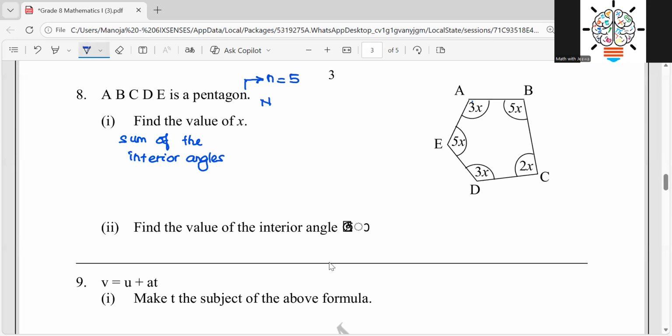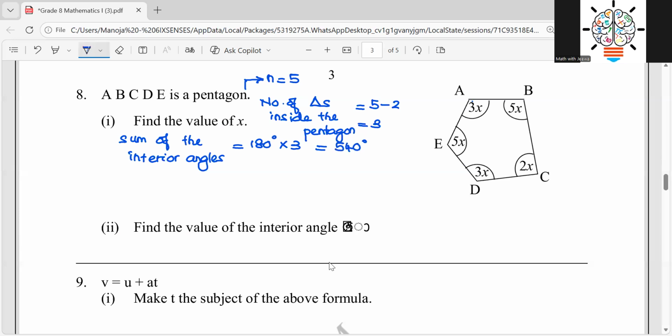The number of triangles inside the pentagon, how do you find it, children? You count the number of sides and deduct 2, it gives me 3. So 180 degrees multiplied by 3 gives me 540 degrees.